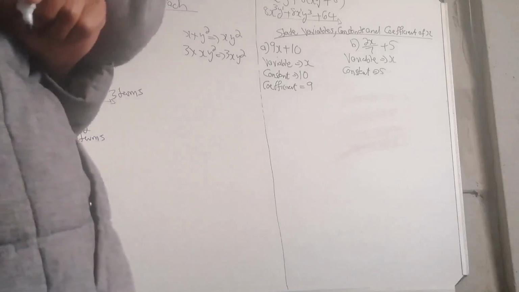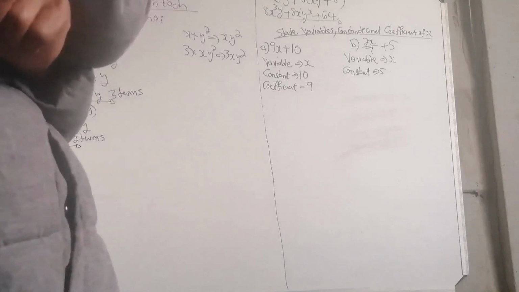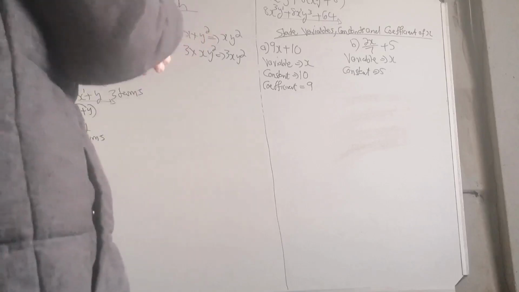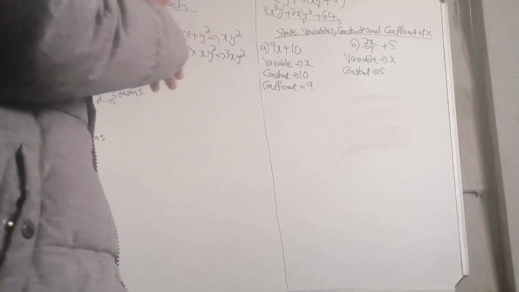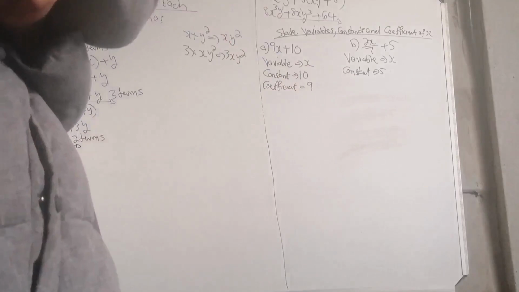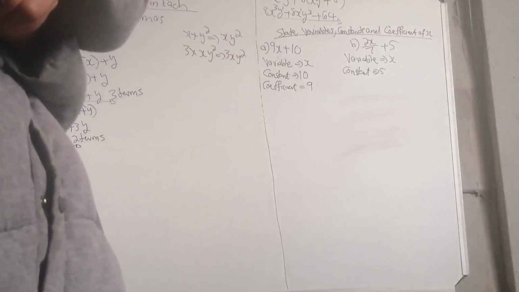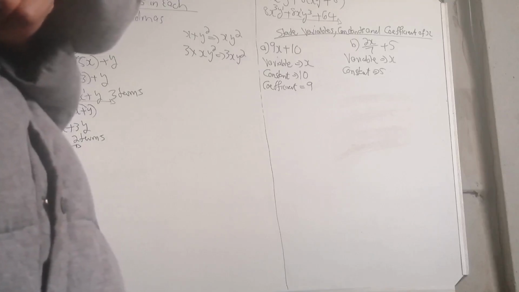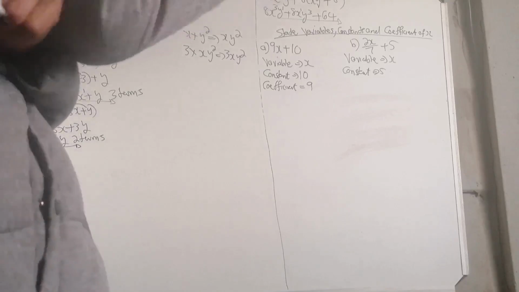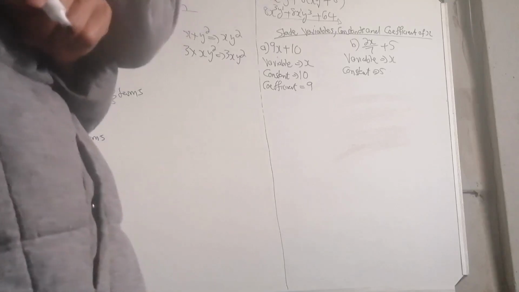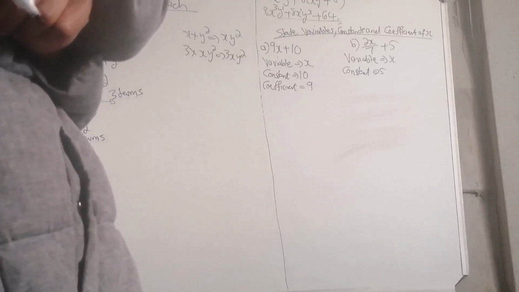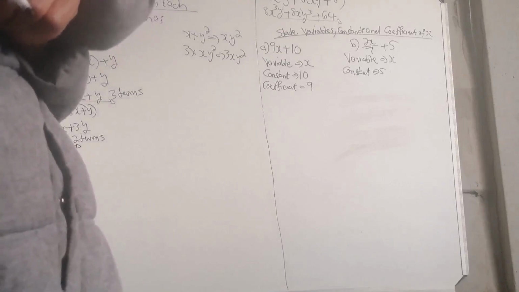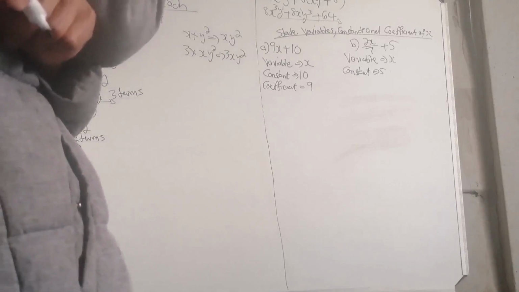What is the coefficient of x? A number that is attached to the alphabet. 2x over 7. Coefficient of x cannot be 2x over 7.